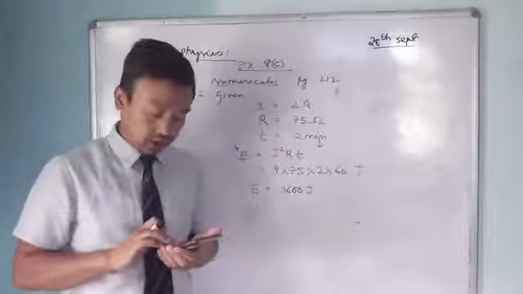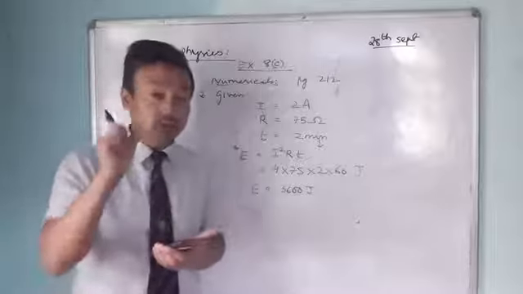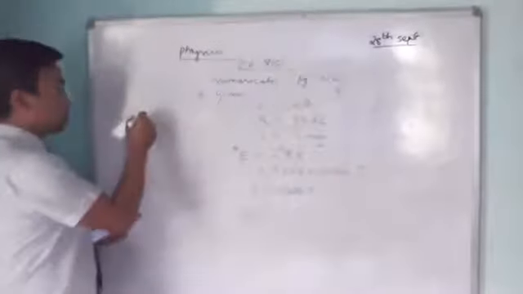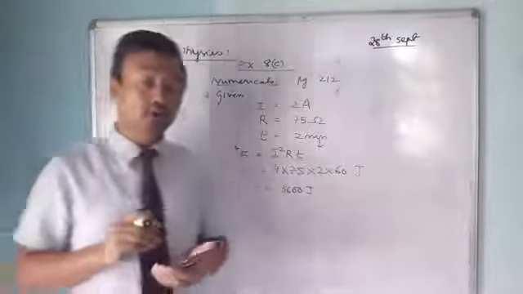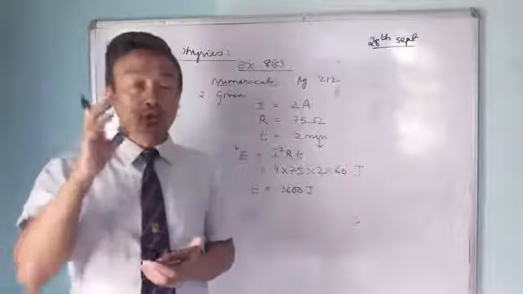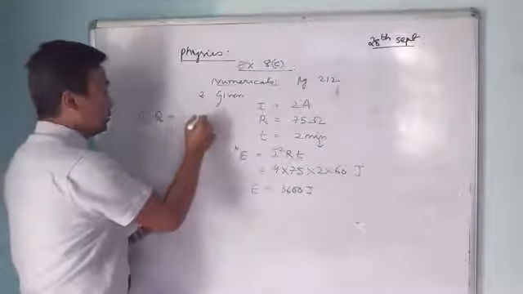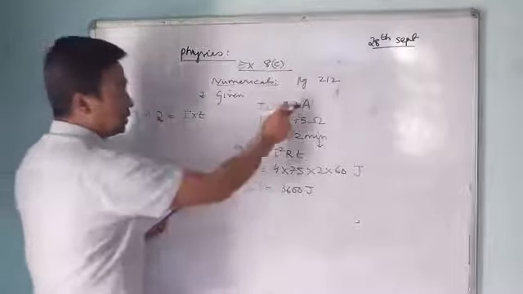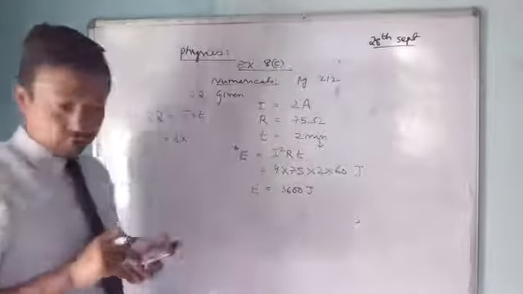Second question is, how much charge is passed through the resistance? Charge is given by Q. What formula will you use for the charge? You have learned at the beginning of the chapter, the charge is equal to current into time. So I into T. Now current is already given to you as 2 and it is flowing for how long?